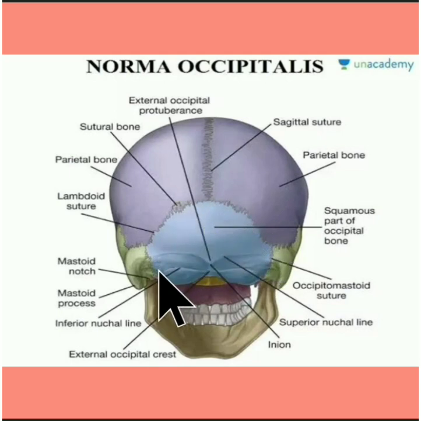And here is another suture which is formed by the mastoid part of the temporal bone and the occipital bone, and here is the mastoid part of the temporal bone and the parietal bone.